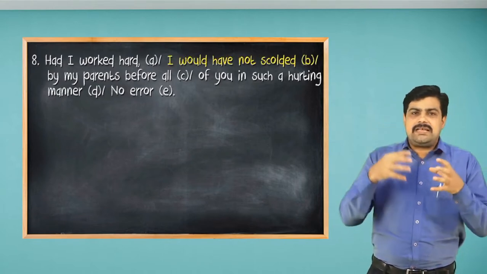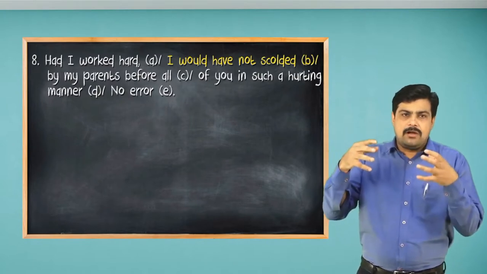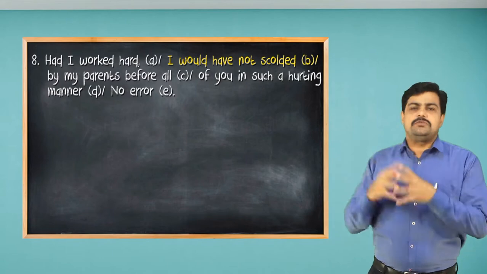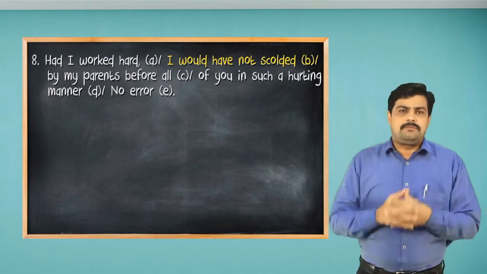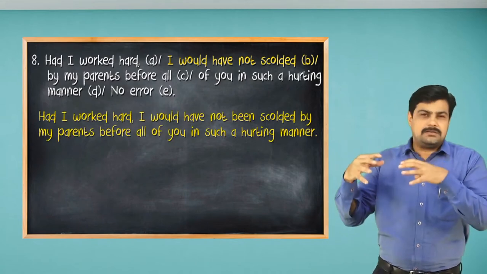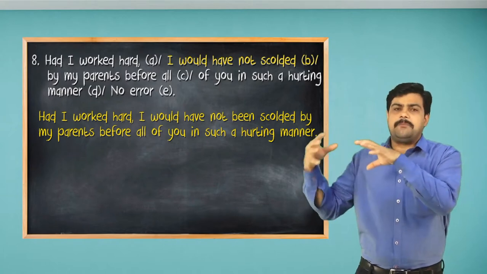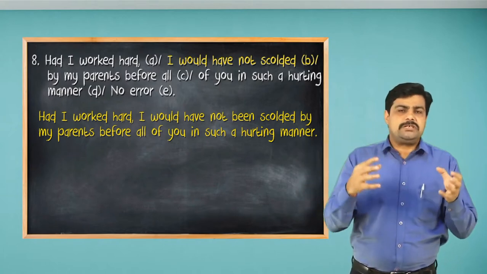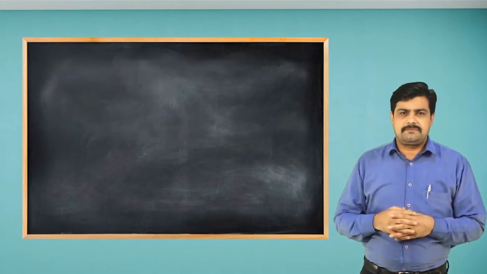As the sentence is in passive voice, with would have, been is not used. So use it just before the verb. Now see the correct sentence. Had I worked hard, I would have not been scolded by my parents before all of you in such a hurting manner. This is the correct sentence.